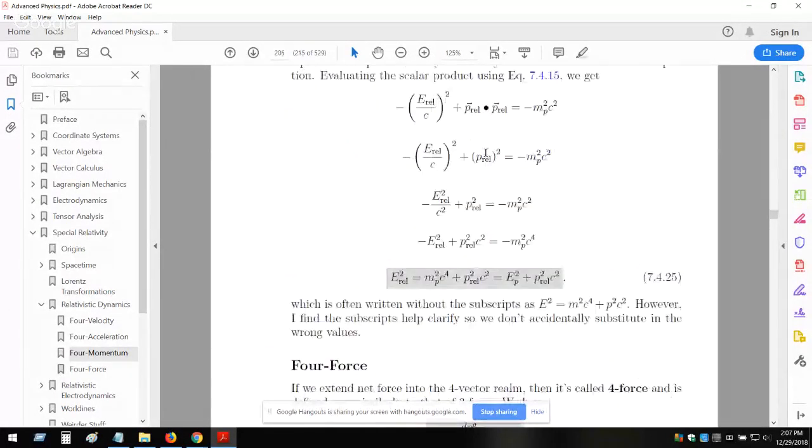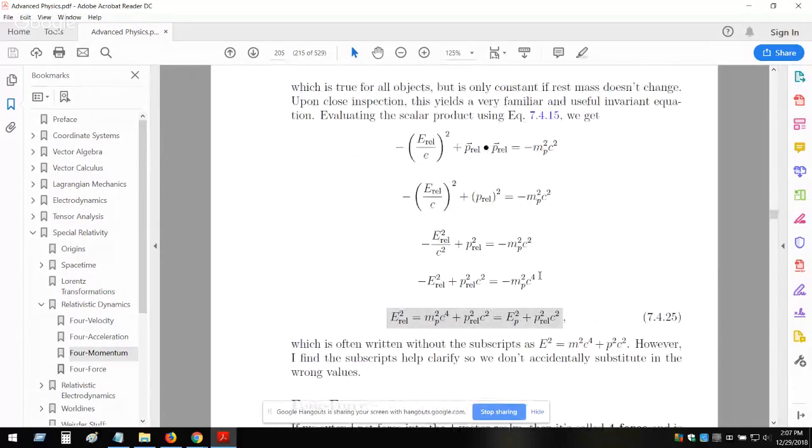When you work that out, you end up with exactly the relationship that Timothy was bringing up before: energy squared equals m squared c to the fourth, which takes care of the diagonal side, plus the other component, momentum squared times the speed of light squared.